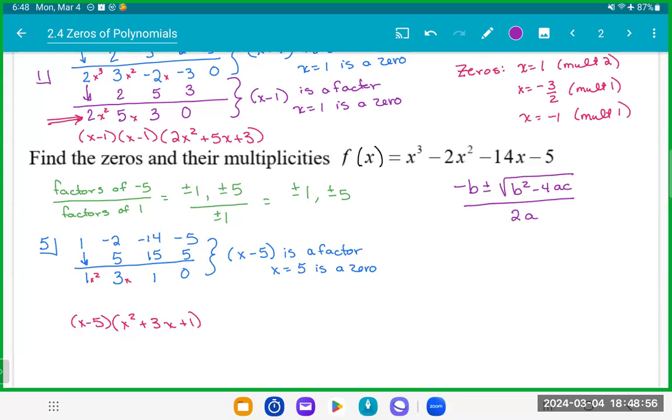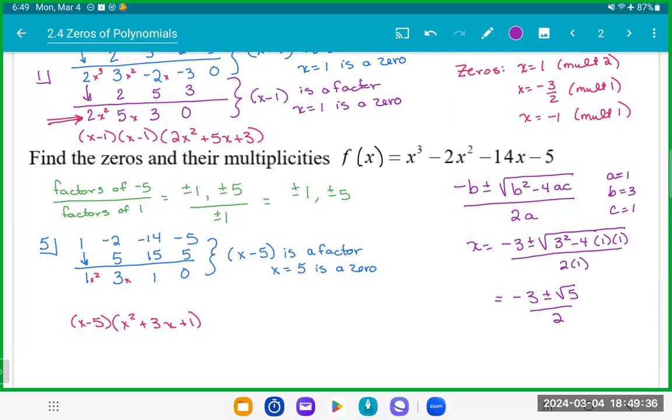So a is equal to 1, b is equal to 3, and c is equal to 1. We plug all of that in and get that x is equal to -3 plus or minus the square root of 3 squared minus 4 times 1 times 1, all divided by 2 times 1. And that will simplify to -3 plus or minus the square root of 5 over 2.